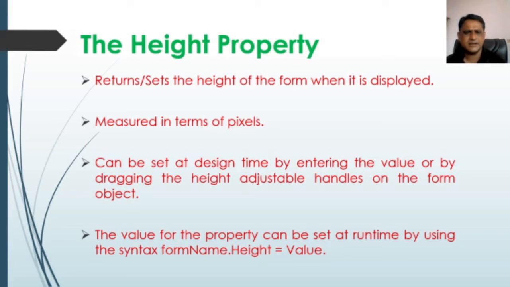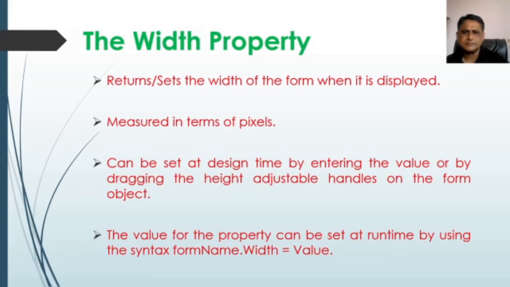In design time, you can enter the value by using the property window, or you can also adjust the height by using the form object and dragging it by holding the bottom of the form. And the value of the property can also be set at runtime, by using the syntax form name dot height equals the required value.